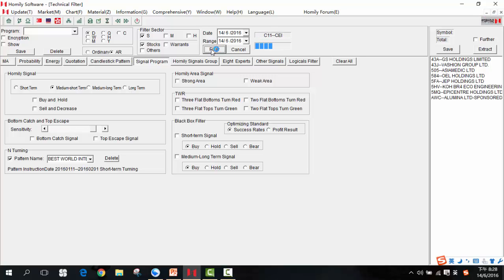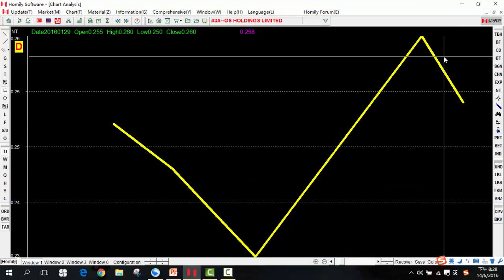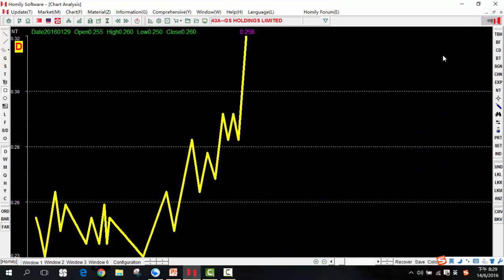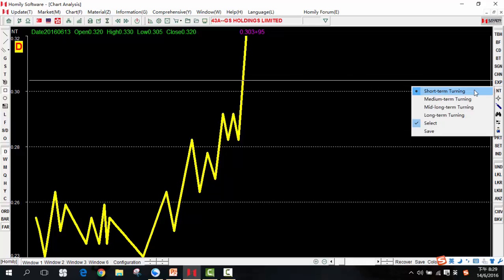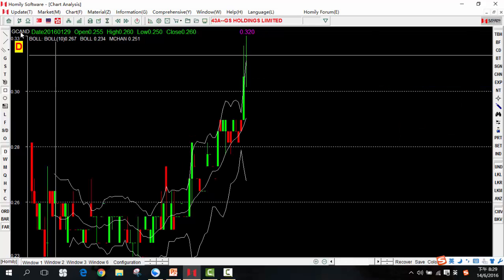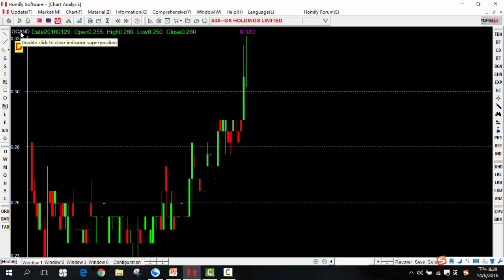So how to find these stocks with this pattern, like the double bottom or top reversal pattern or bottom reversal pattern? You can use this method to select. Okay, so let's check the stocks one by one. So this is the stock.